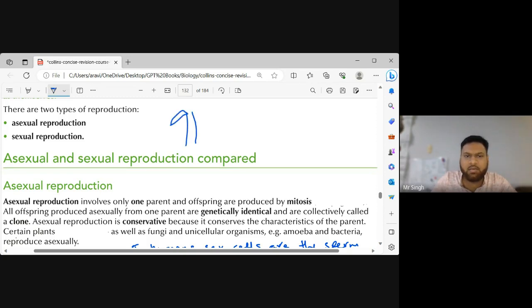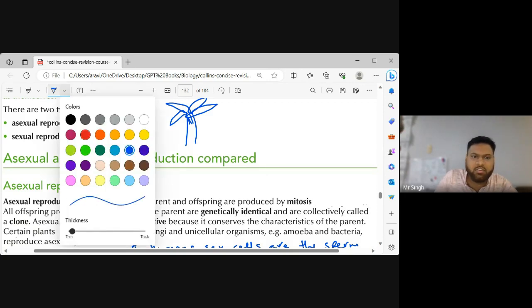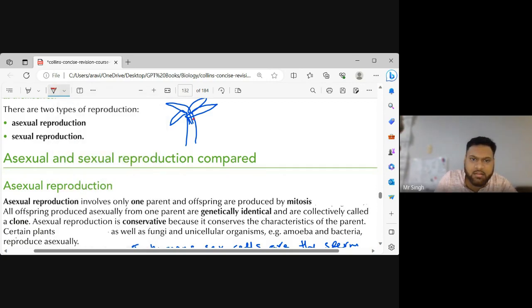You can see it's a banana tree because I drew it like a banana tree with big leaves. So the banana tree branches out into its stems here. If you cut a piece of this stem, and I'm going to just put it in red, and you put it into the ground, this banana is going to grow out into a full tree.